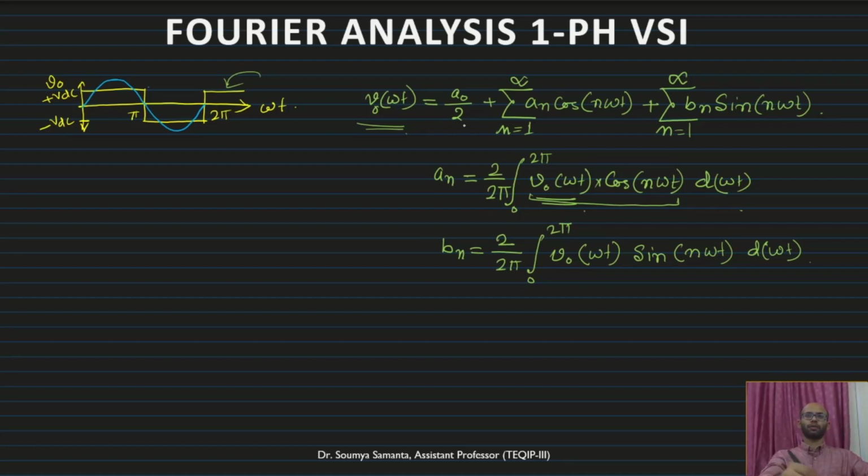Now what is a0 by 2? This is the DC value, the average value. If you see the waveform, you can see the average value is 0 in our case. So we get the cosine terms and the sine terms.